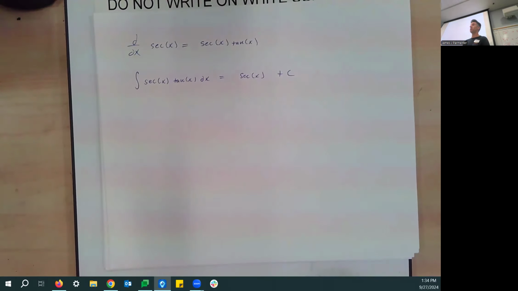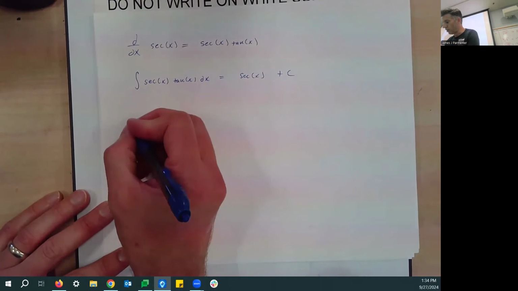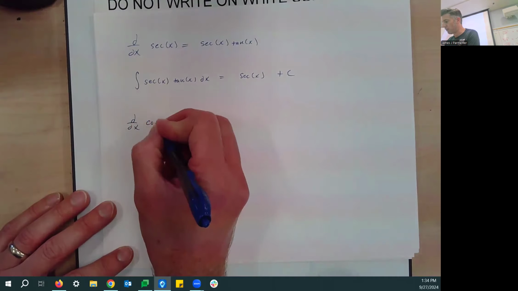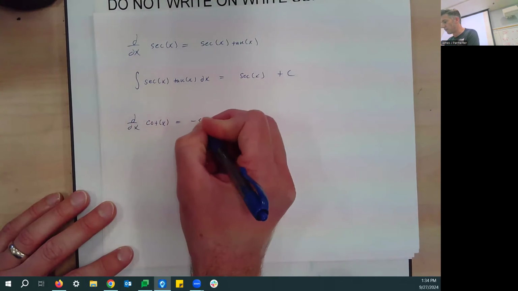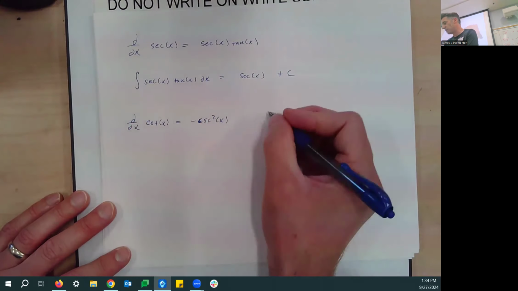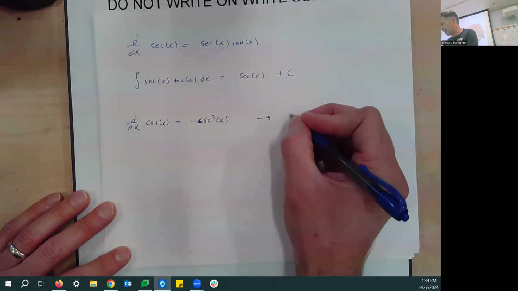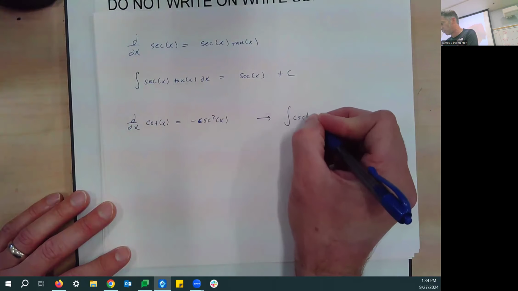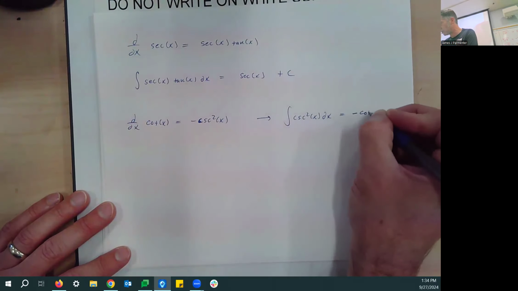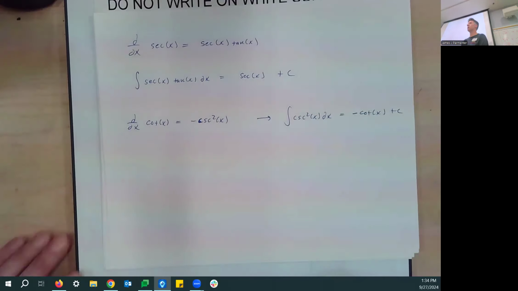The other couple trig functions that we hadn't addressed yet: we know that the derivative of cotangent of x is negative cosecant squared of x, which means that the antiderivative of cosecant squared of x dx is negative cotangent of x plus c.